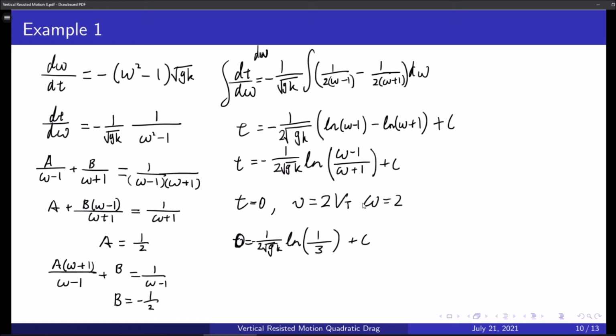It means c equals the positive of this, so 1 over 2 square root of gk log 1/3. Of course, we can convert this, so c equals minus 1 over 2 square root gk log 3.